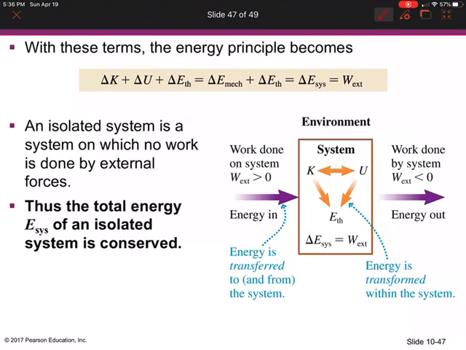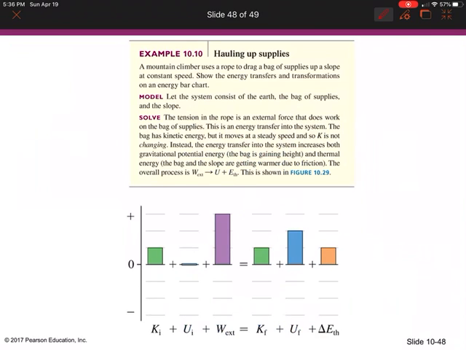Then it gives you this energy principle again: the change of kinetic energy plus the change of potential energy plus the change of thermal energy equals the external work, which shows that the change of the energy of the system is equal to the external work. The total energy of an isolated system is always conserved.